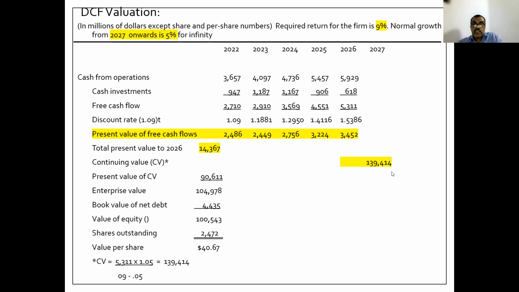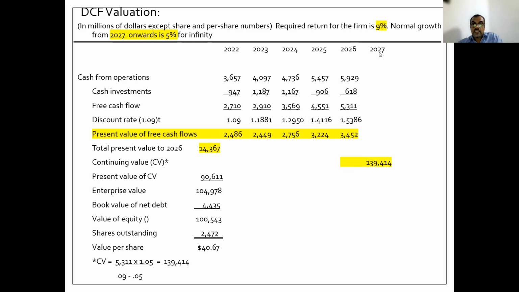Therefore, this continuing value is as at the beginning of 2027, because we consider 2027 values, end of 2027, which means the present value is at the beginning of 2027. Here, for end of 2022, the present value of 14,000 is at the beginning of 2022, that means end of 2021.